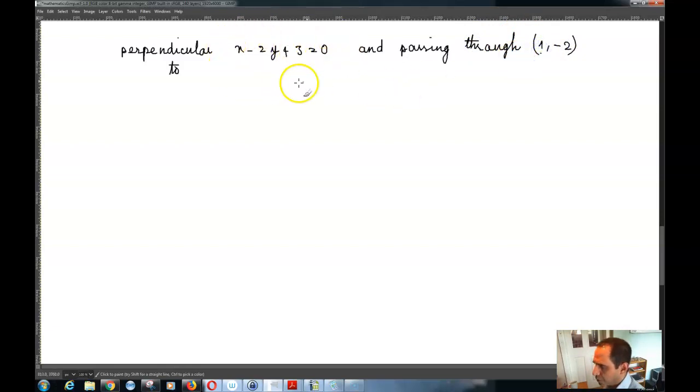So if I find the slope of this line, I get -2y is equal to -x minus 3, meaning that 2y is equal to x plus 3, meaning that y is equal to 1/2 x plus 3/2.